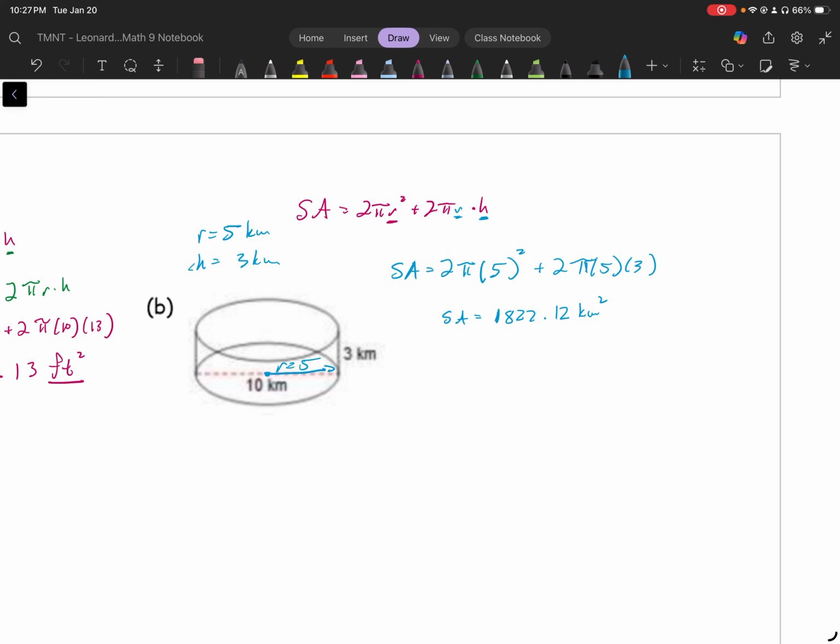Now you may want to try these calculations out on your calculator, just to make sure that they work.